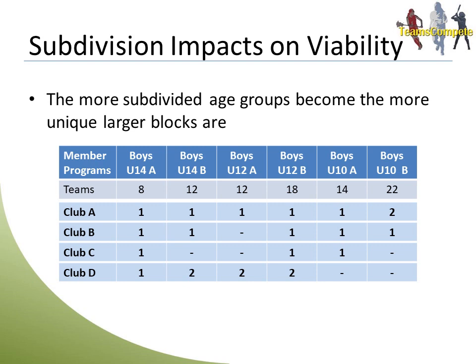A block containing a U14A team from our club, a U12B team, and a U10A team has only 3 potential opponents, one less than the prior slide. However, a block containing a U14A team, a U12A team, and a U10A team only has 1 potential opponent, 3 less than the prior slide.